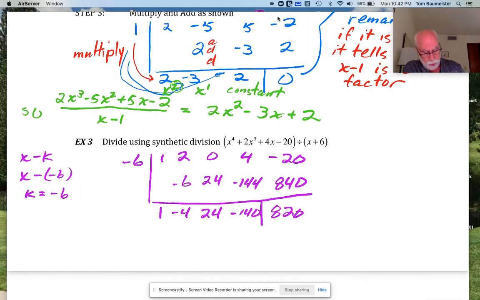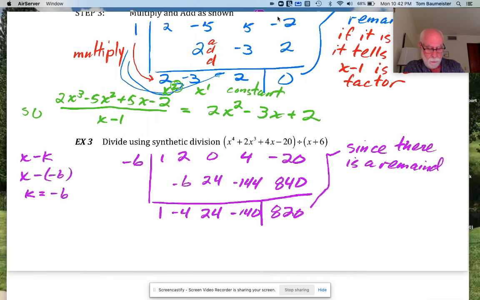So that's again our remainder. And since there is a remainder, x plus 6 is not a factor.